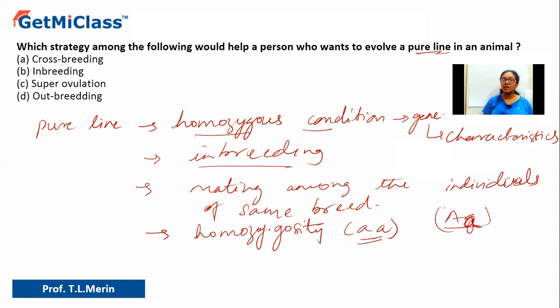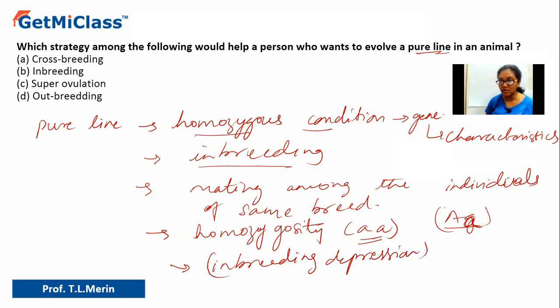Okay, so if you keep mating again and again, it can lead to something called inbreeding depression. Okay, inbreeding depression, which is not required here, but I'm just telling you that this depression can also lead to the loss of characteristic. Okay, loss of characteristic. And that is why continuous inbreeding is not good.